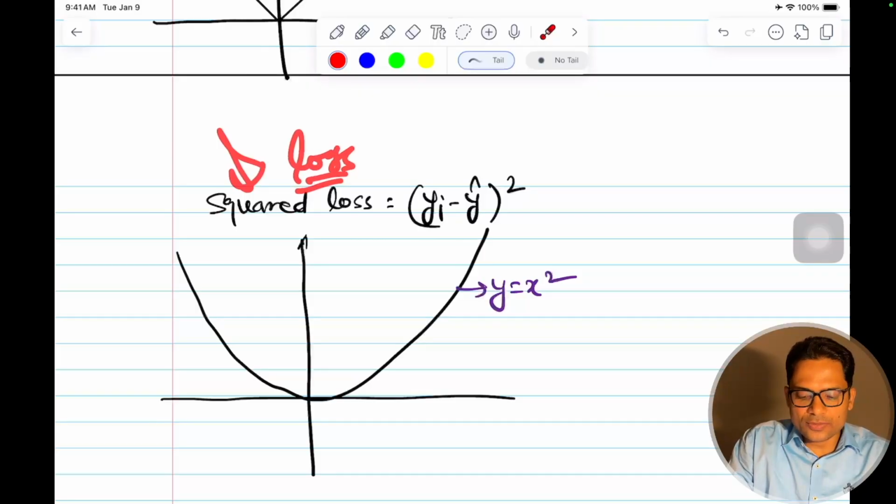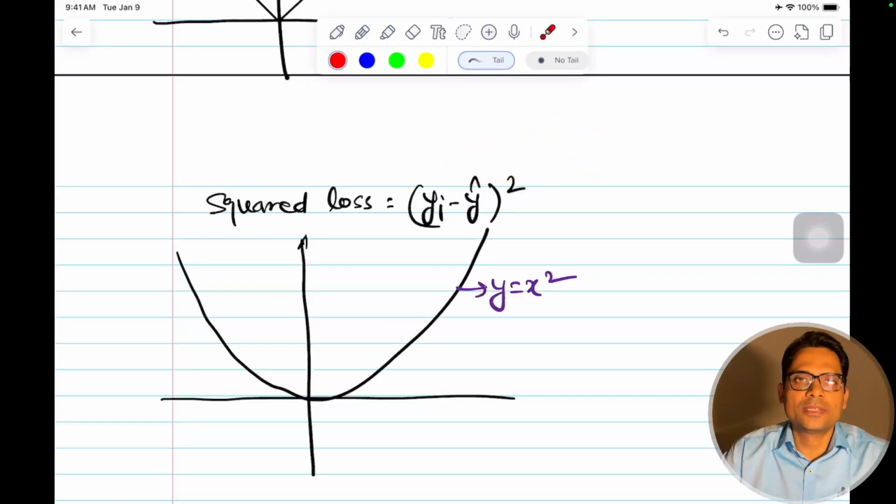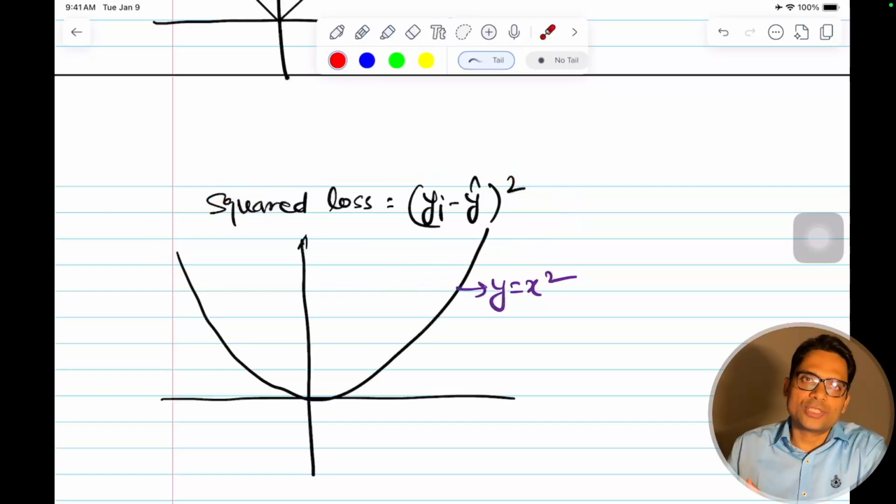And once we have the loss figured out, now we can apply the topic that will come later. So now we can convert this into an optimization problem, and when I discuss optimization, then we'll get into further details of what optimization is. But this loss function is the bridge between data and optimization.